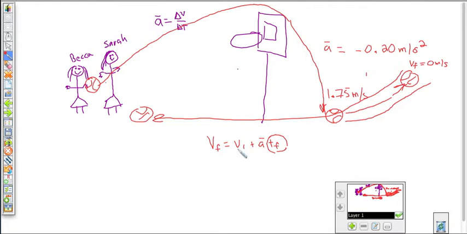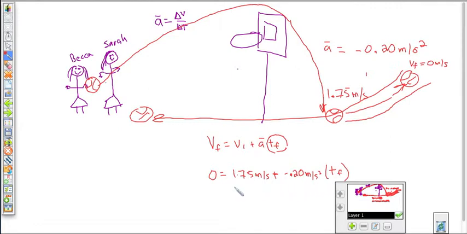And look, we already know the pieces to this puzzle. So our final velocity is going to be 0. Our initial velocity is 1.75 meters per second. And we're going to add to that an acceleration of negative 0.20 meters per second squared. And so then that's going to allow us to solve for our final time.